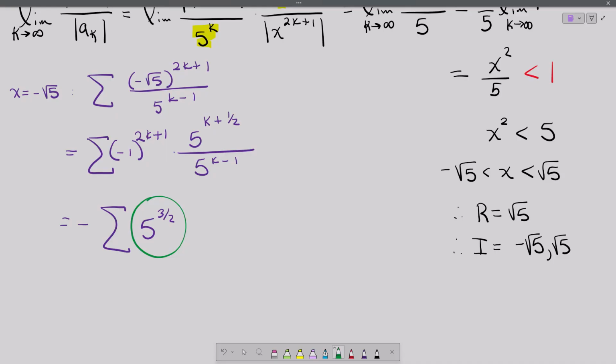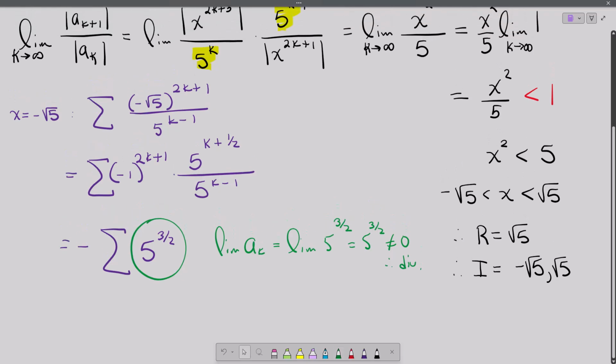Is that limit 0? No. So yes, it's going to diverge for sure. Like you said, there's no k's, so the limit of this constant is itself, this is not equal to 0, therefore diverge. So that's the divergence test.